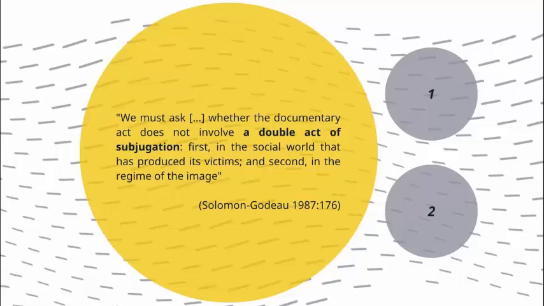While it is done with a reformist attitude or with reformist intention, in other words, to help the people that he photographs, we still have an unequal power relation in that the individuals depicted have no say over their images, over how they are represented and who gets to see their representations.